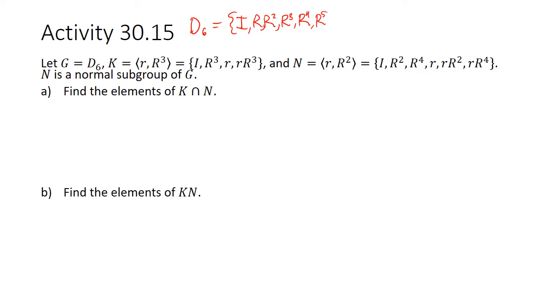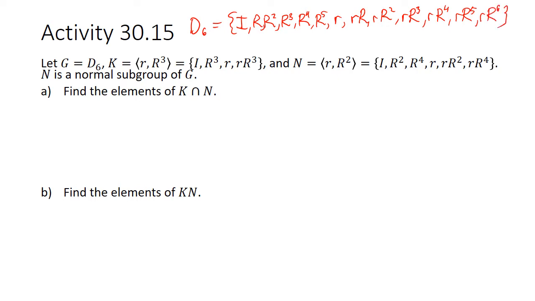If you do it 6 times, then that's the identity. And then you have the reflection over a vertical line, that's little r, and then you can have little r with each of the rotations, like this. So you get 6 more that have little r. This is one way to write D6. There's multiple different ways you could write it, but this is one way.